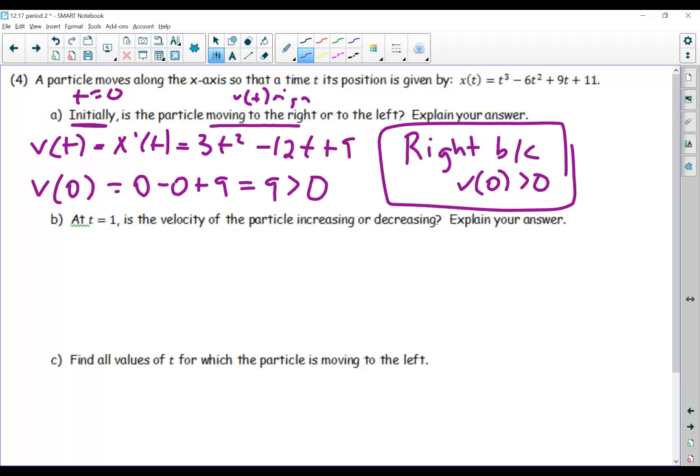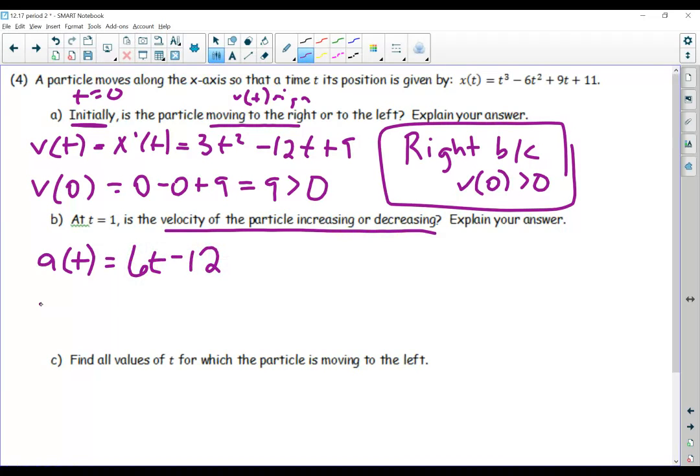At t equal to 1, is the velocity of the particle increasing or decreasing? This question is different than is the particle moving to the right or to the left. We want to know, is the velocity increasing or decreasing? The velocity is increasing if its slope is positive or decreasing if negative, which means I'm going to have to find the acceleration. That would be 6t minus 12.